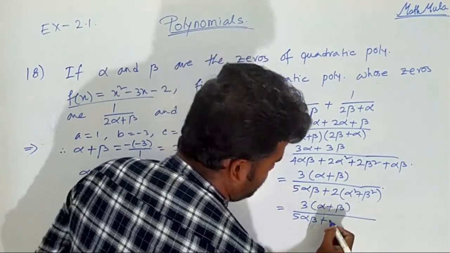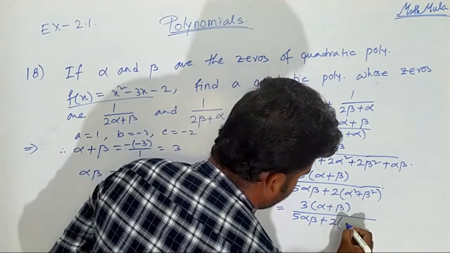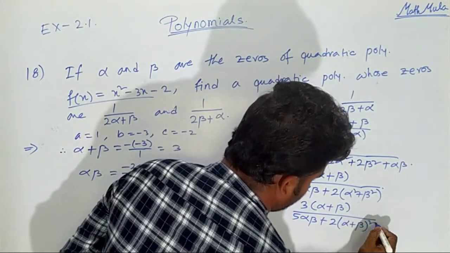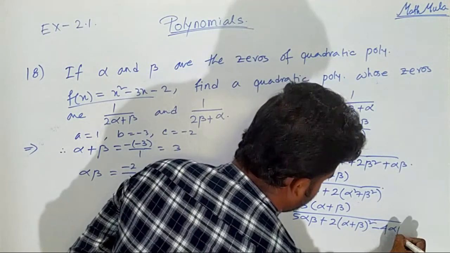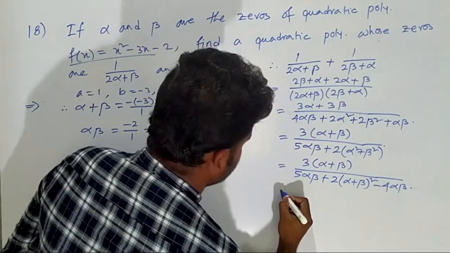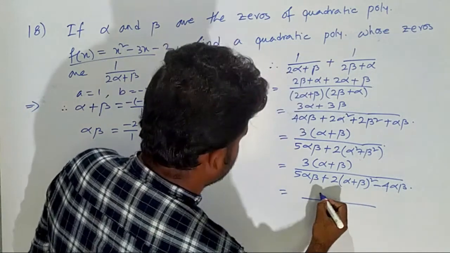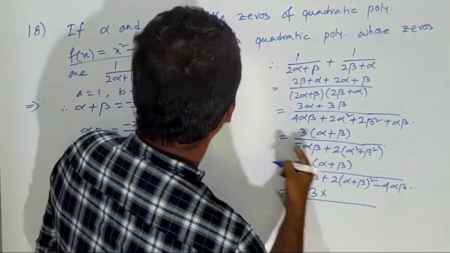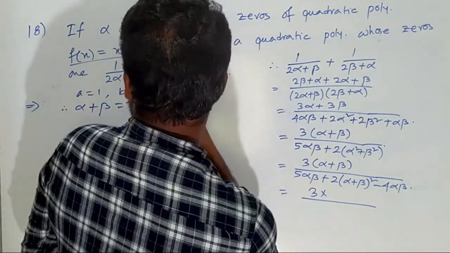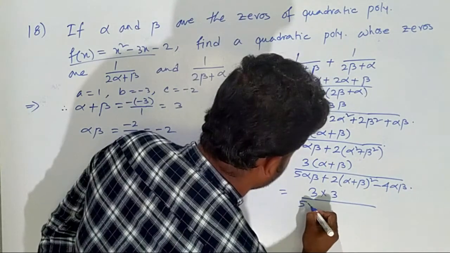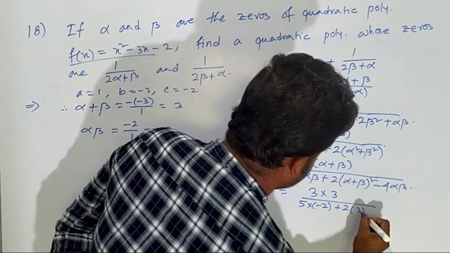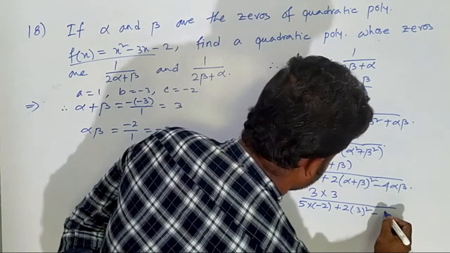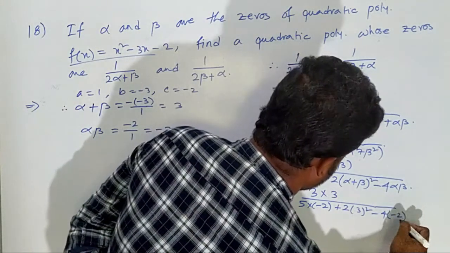Now using the formula identities, we get alpha plus beta whole square minus 2 into 4 alpha beta. Now putting the value, we get 3 into alpha plus beta, that is 3, and 5 into minus 2 plus 2 of 3 square minus 4 into minus 2.